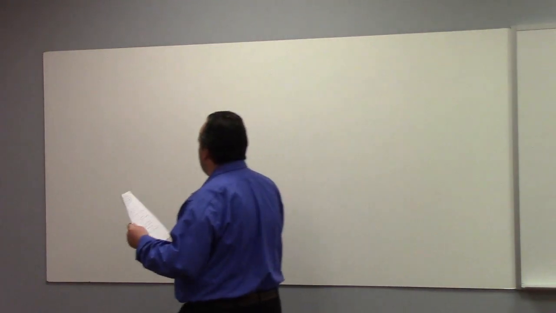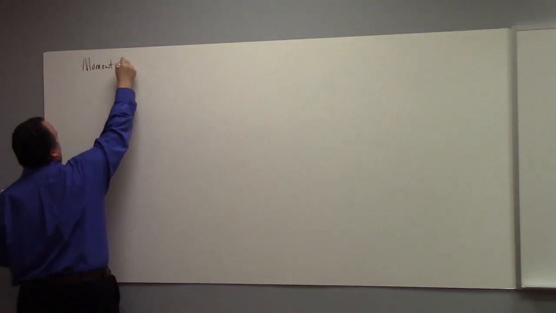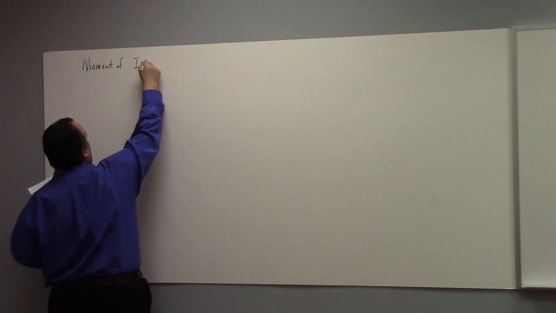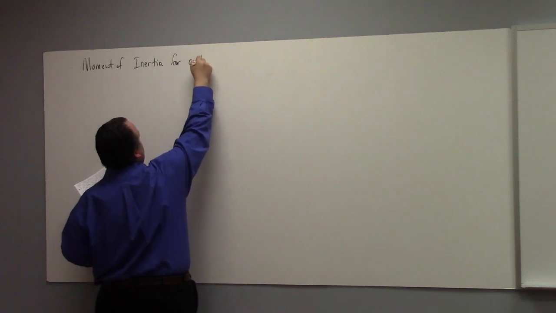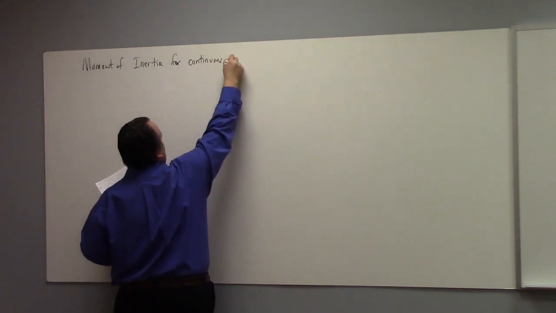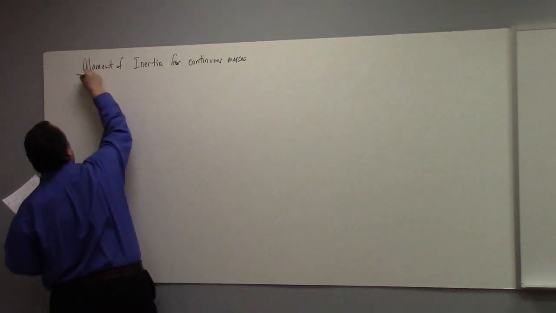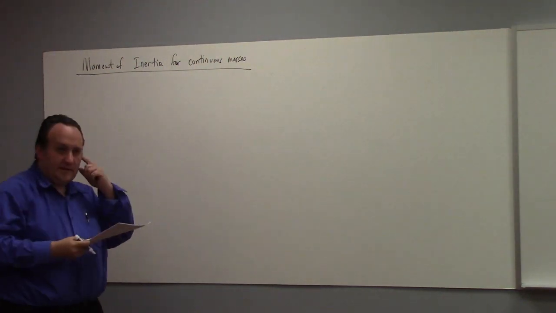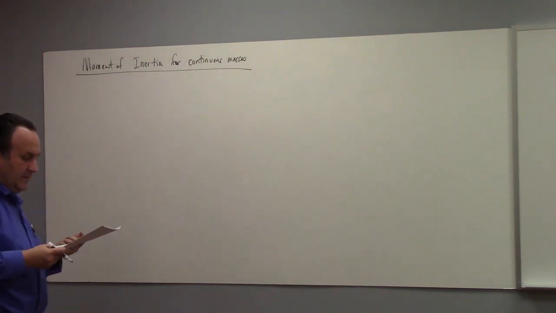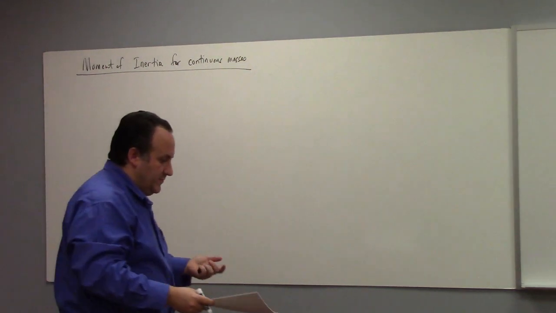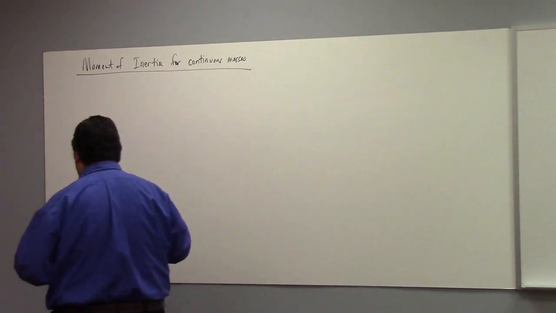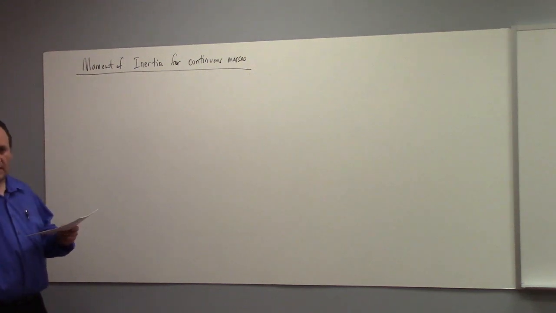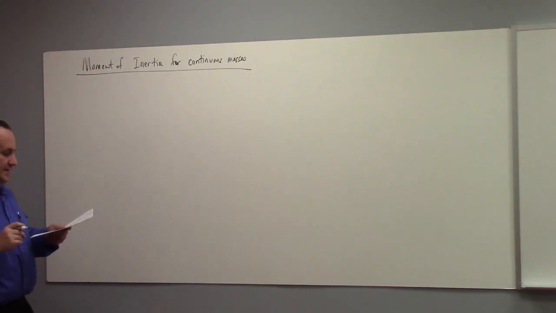So today I want to talk to you about the moment of inertia for continuous masses. And so the basic idea here is we're going to think about some rigid body, some collection of particles that's stuck together, and it's going to rotate around its center of mass axis.